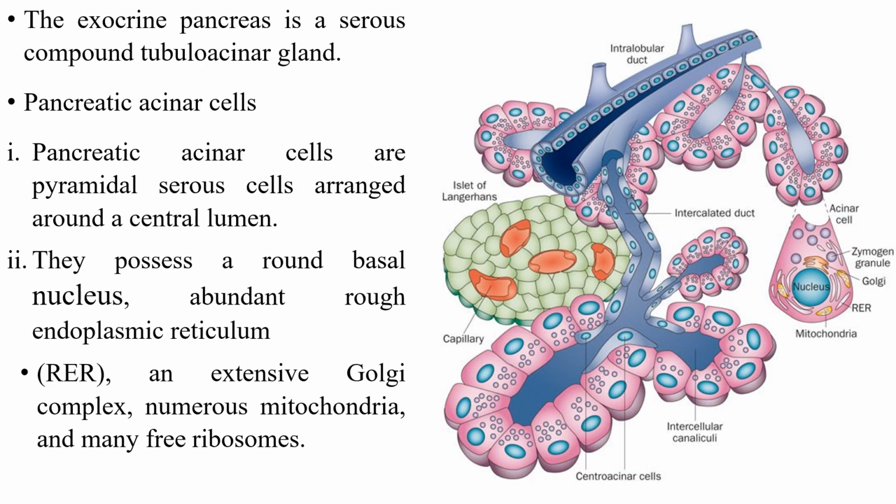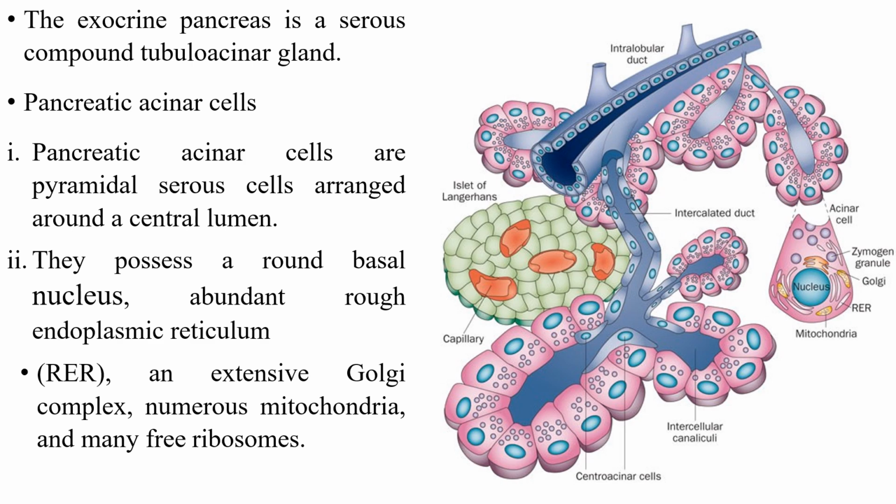Now let us look into the structure of the exocrine pancreas. The exocrine pancreas is a serous compound tubuloacinar gland.